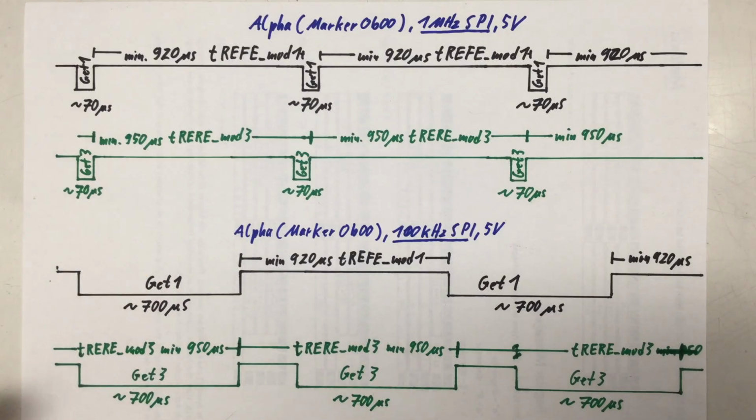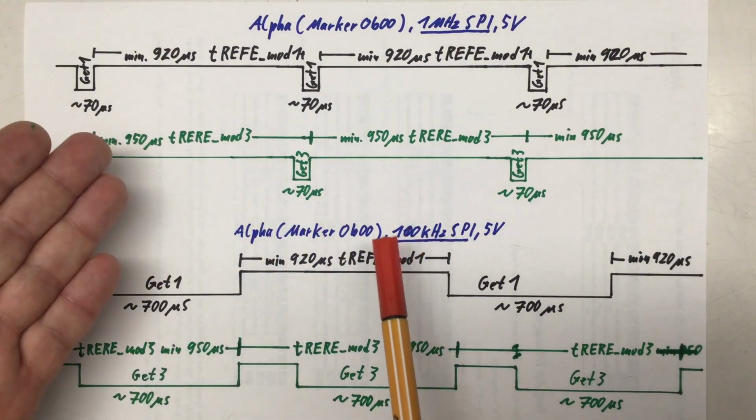Of course, also in trigger mode 3, the frame rate will degrade as the SPI bus gets slower, because at some point our SPI transactions approach those 950 microseconds and stretch out everything. And we also have to observe the minimum of 90 microseconds between rising edge and falling edge of our SPI transactions.